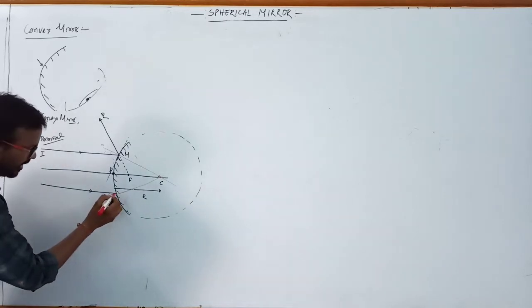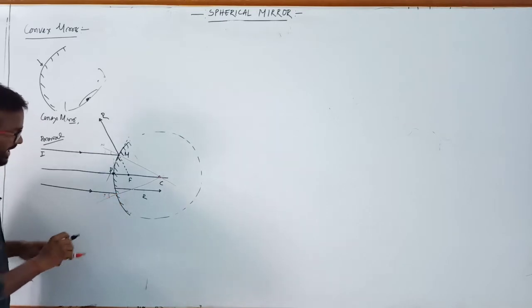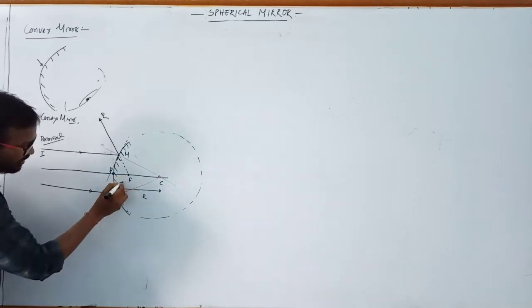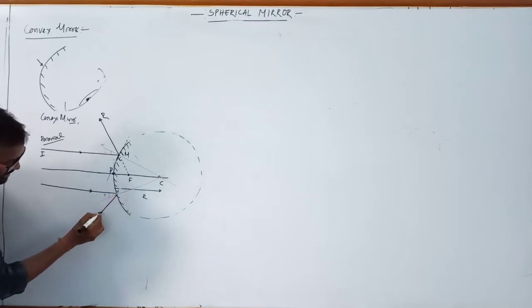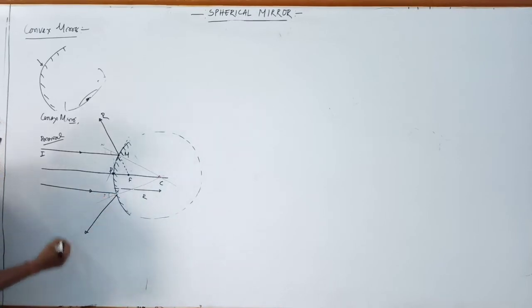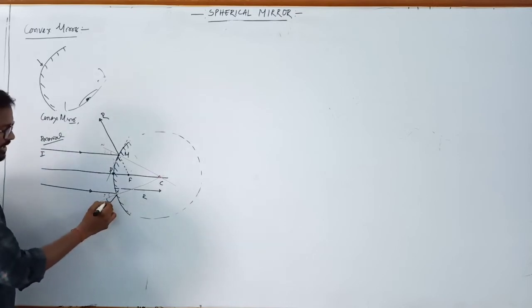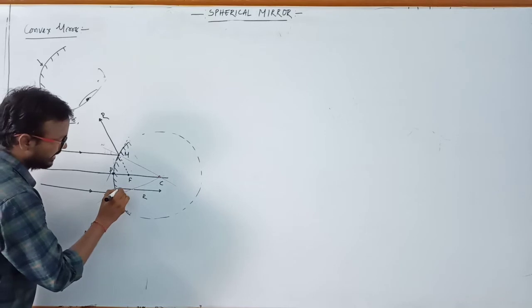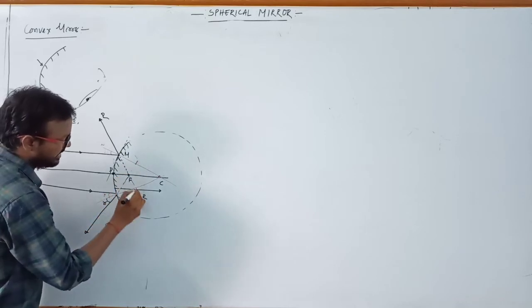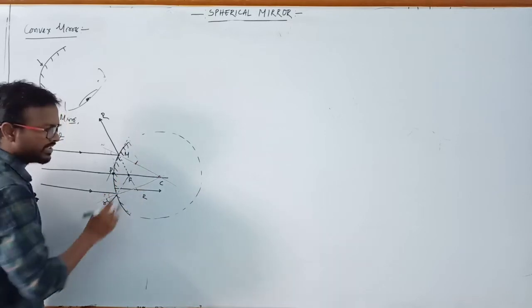Now according to the law of reflection, the angle of incidence is equal to the angle of reflection. This ray is reflected back into its original medium, and this angle is known as the angle of reflection. If we produce the ray on the back side, then this ray meets at a point.